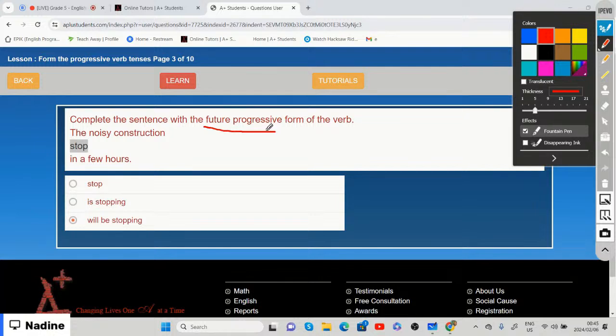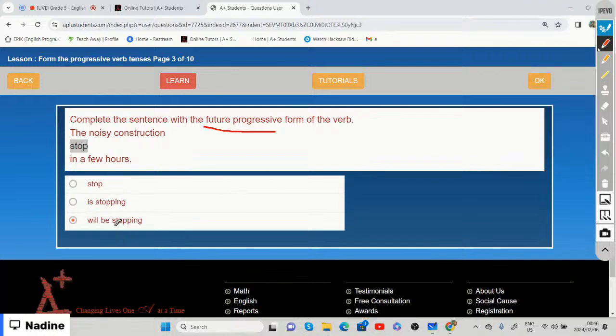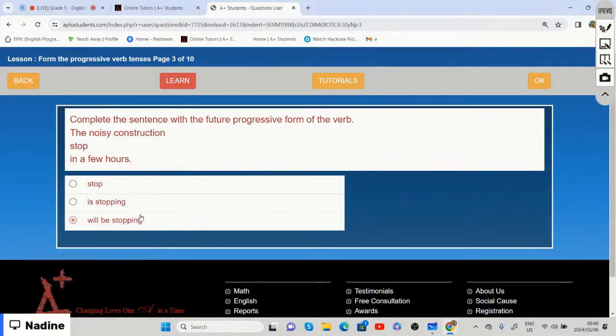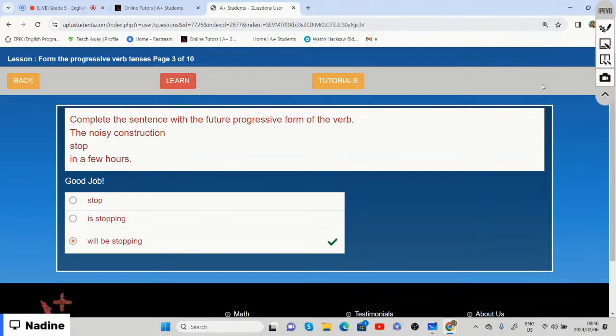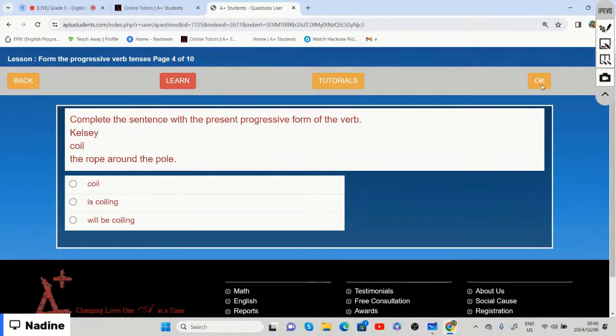So future progressive tense, will be. So the noisy construction, do we say stop in a few hours, is stopping in a few hours, or will be stopping in a few hours? All right, and we will say will be stopping in a few hours. And will be stopping is correct.